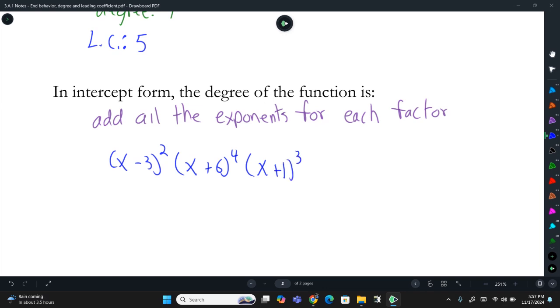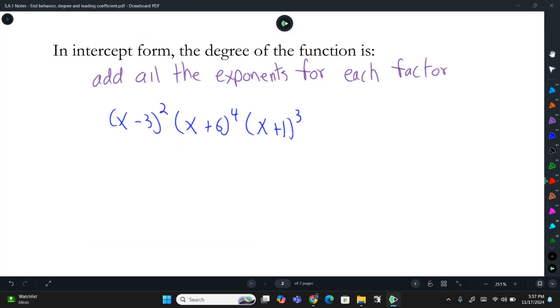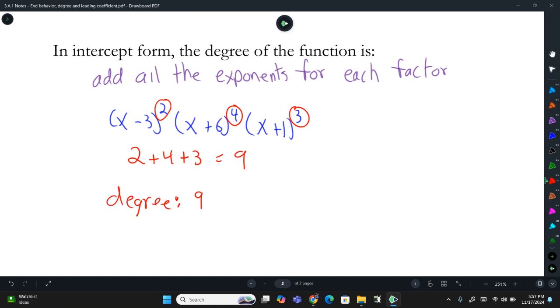Now, yes, we could multiply all of that out, but that would get very confusing. In intercept form, we take the exponents and add them. So 2 plus 4 plus 3 is 9. So the degree is 9. And our leading coefficient is the number in front, well, there's an invisible 1 there.